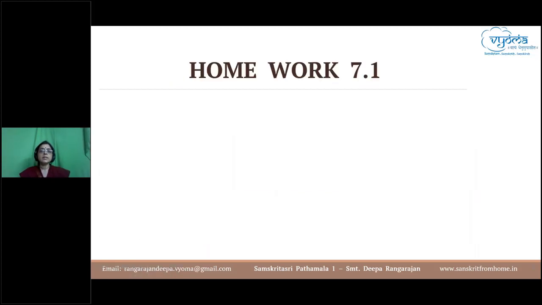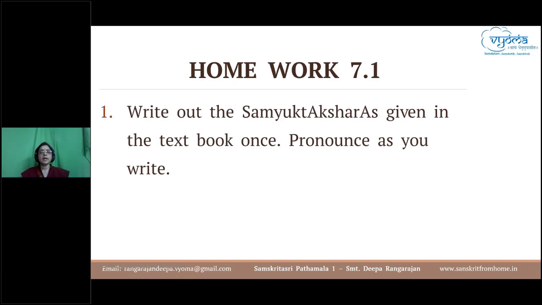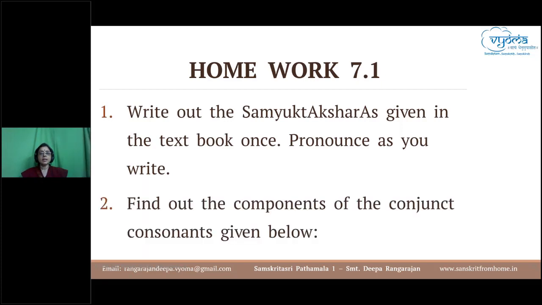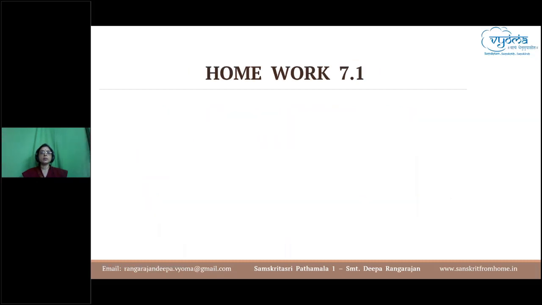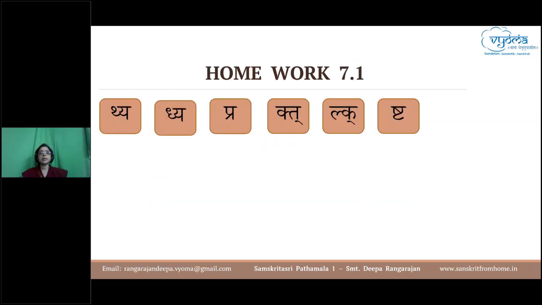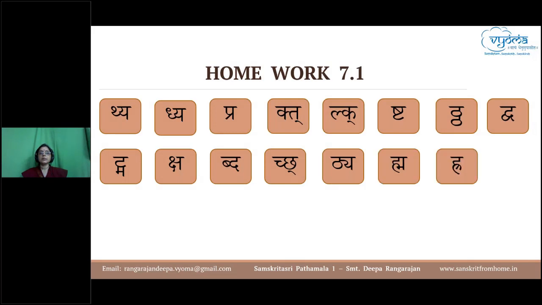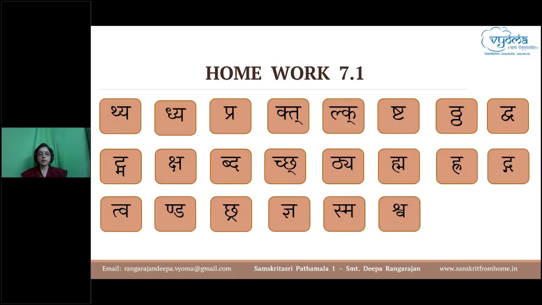So the homework for this class will be to write out the SamuktAksharAs as given in the textbook, practice writing them, and also find out the components of the conjunct consonants given below. It is the ones which we had seen in class. I had just asked you all to pronounce it.